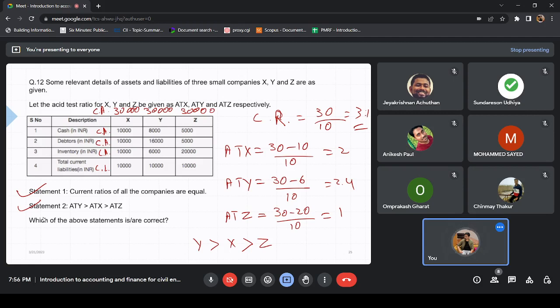We list them in the order of increasing liquidity, right? Correct. In terms of assets, we seldom have this 1 year threshold. In current liabilities we usually have this 1 year threshold.